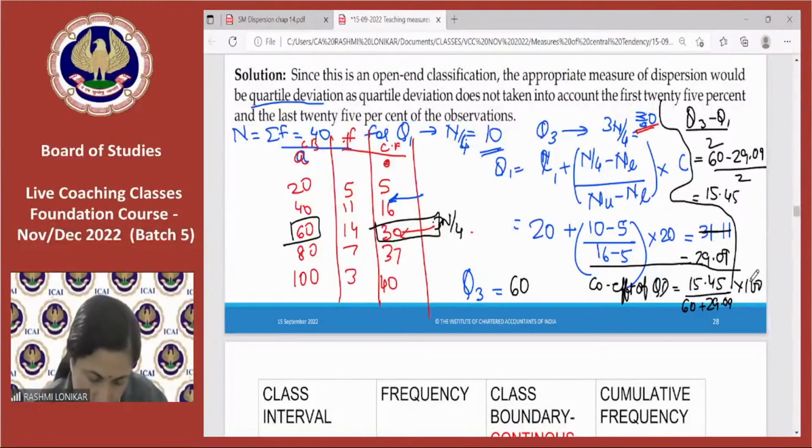So that is 60 plus 29.09, 89.09. So this divided by 89.09 into 100 gives 17.35.